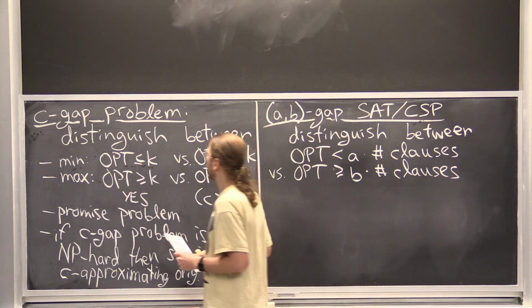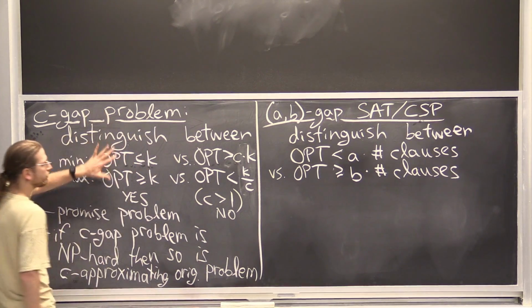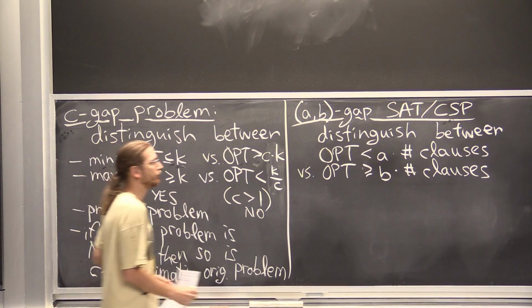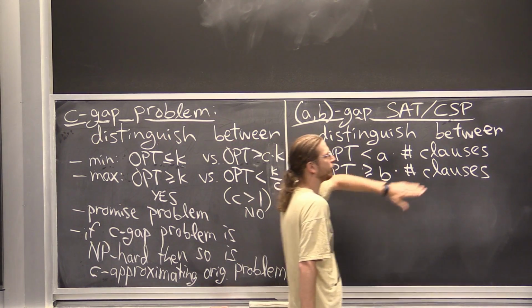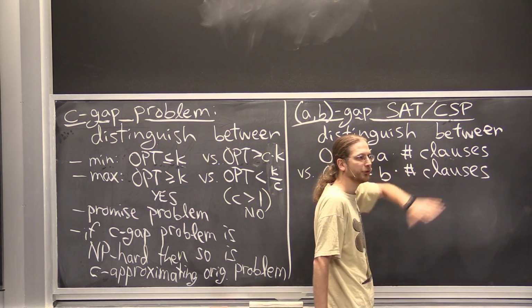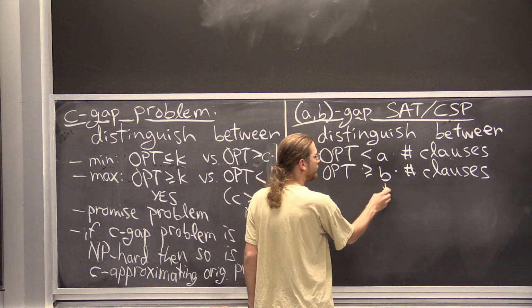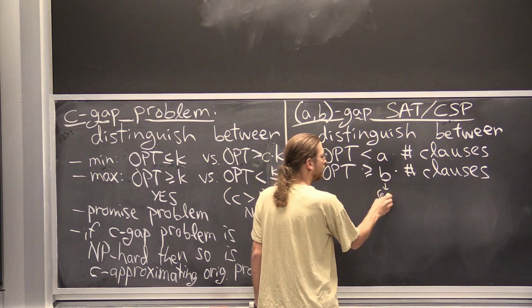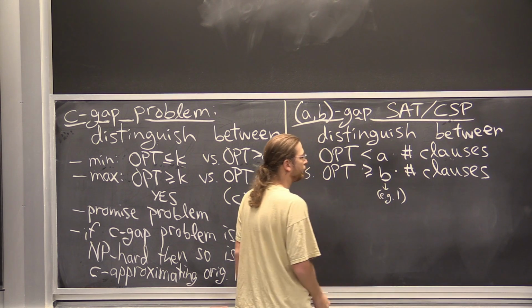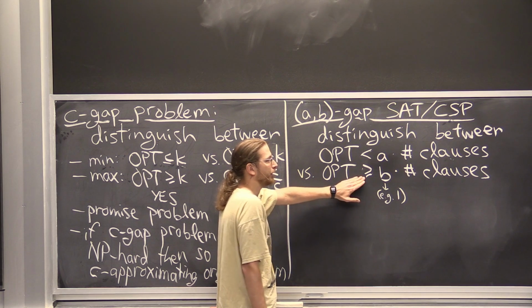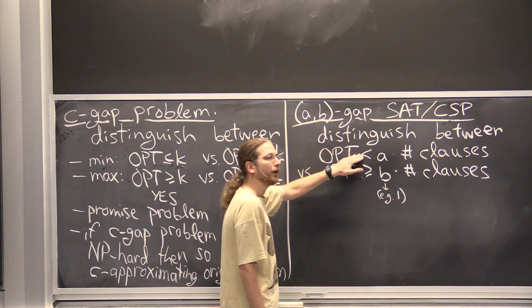Whereas here everything was relative to some input k that you want to decide about, with SAT there's a kind of absolute notion of what you'd like to achieve, which is that you satisfy everything. All clauses are true. So typically we'll think about B being 1. And so you're distinguishing between a satisfiable instance, where all clauses are satisfied, and something that's very unsatisfiable.